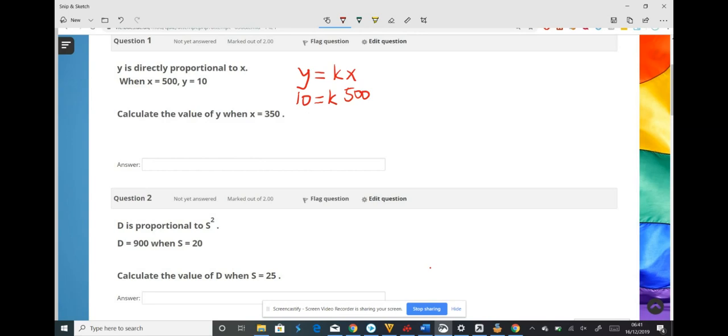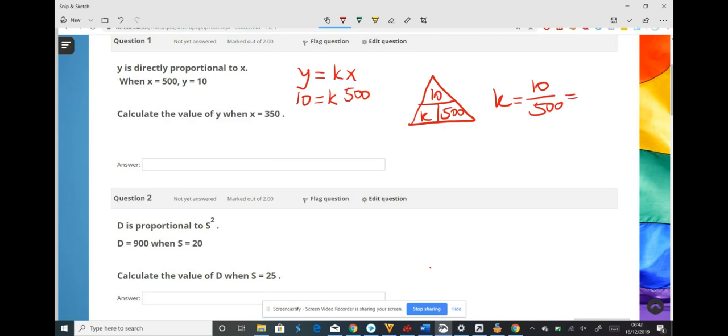So I'm going to place them in the triangle. We're multiplying 500 and k to give us 10. So to find k, we're going to divide 10 by 500.